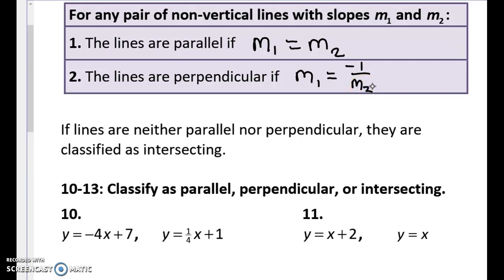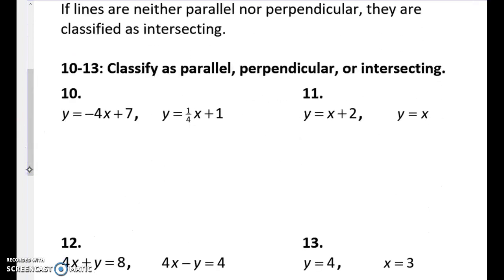So let's look at some examples of this. Guys, our symbol for parallel is two lines, and my symbol for perpendicular is like an upside down T. So y equals negative... okay. M equals -4. And this M equals 1/4. So do you see how they have opposite signs and they are also the reciprocal of each other?